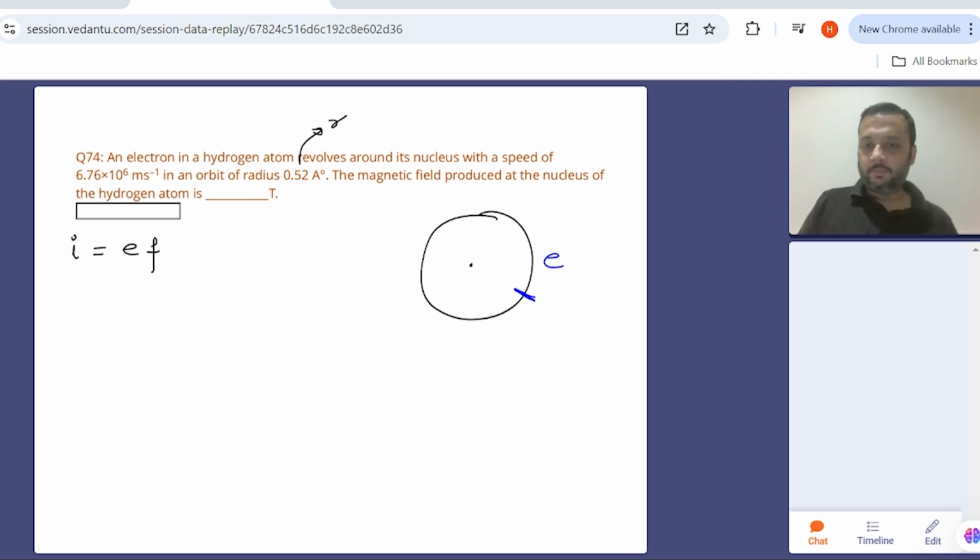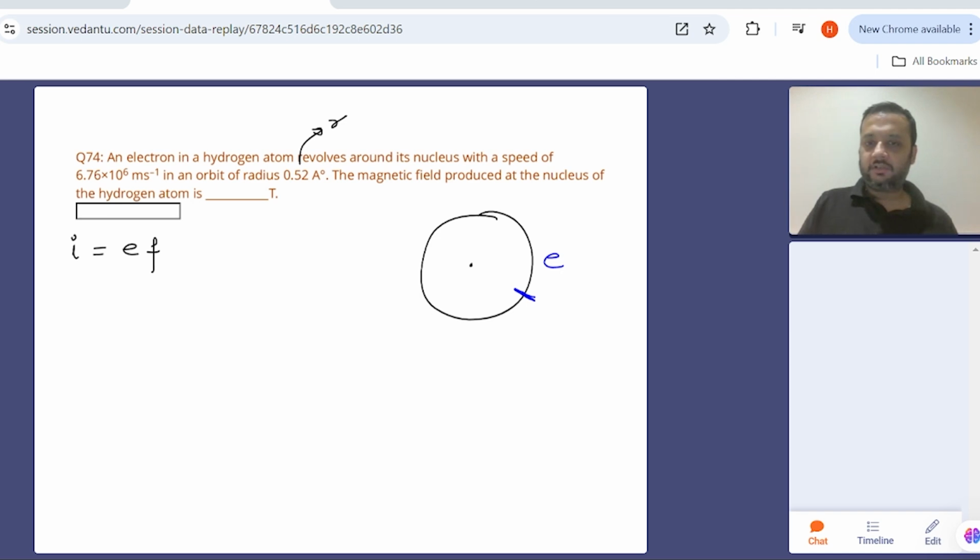Suppose this electron crosses this junction 3 times in 1 second. So we can say that in 1 second, the total charge that has crossed this junction is 3 times the magnitude of the charge on the electron, that means 3e. Now the charge crossing per second is the current, which means the current flowing in this circle will be 3 into e.